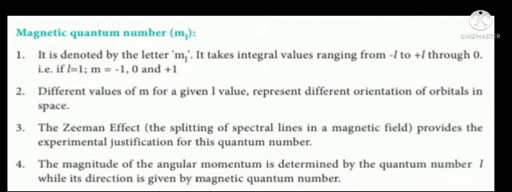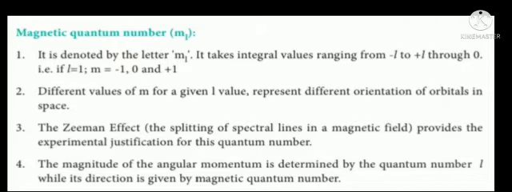Second point, different values of m for a given L value represent different orientations of orbitals in space. Here, m represents magnetic quantum number, L represents azimuthal quantum number. For the given L value, we have different values of m.